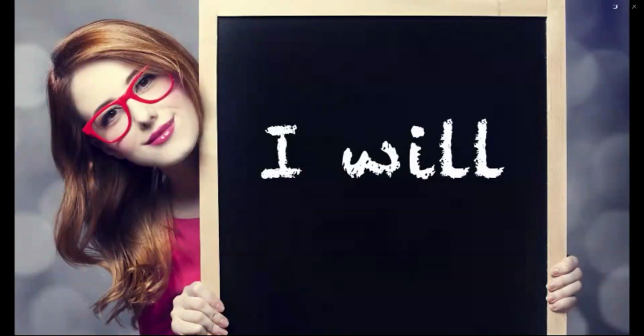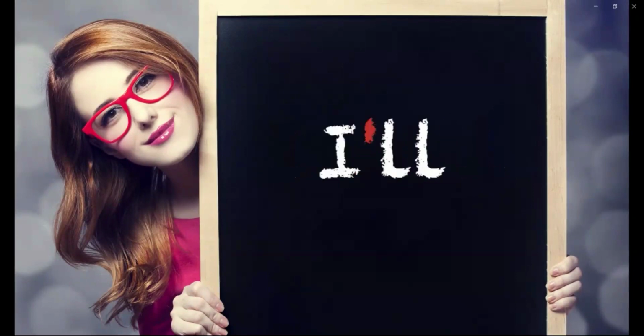Here's another example, this time taking out 2 letters. Take the phrase I will. Again, we want to sound less formal, so we shorten the phrase to I'll. We push the 2 words together, take out the letters W-I in will, and put an apostrophe in place of the W-I. I will becomes I'll. The apostrophe shows the reader that 2 letters are missing.